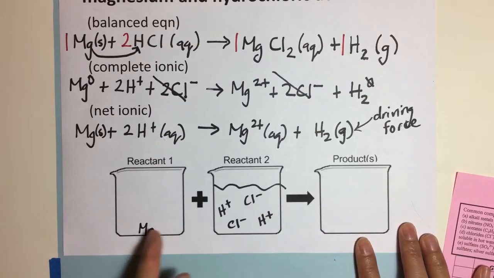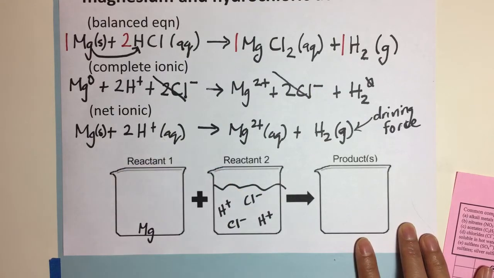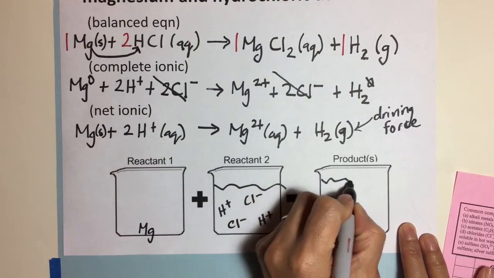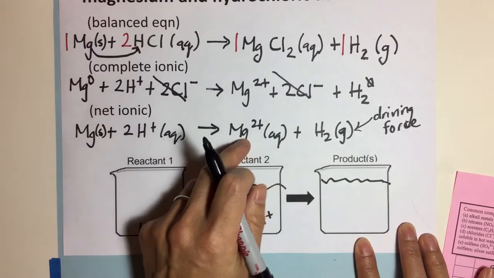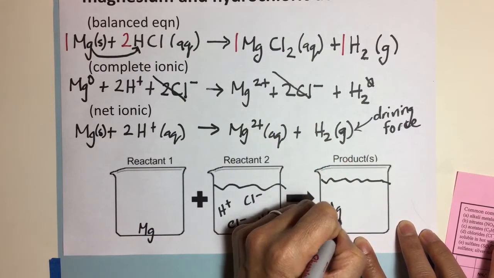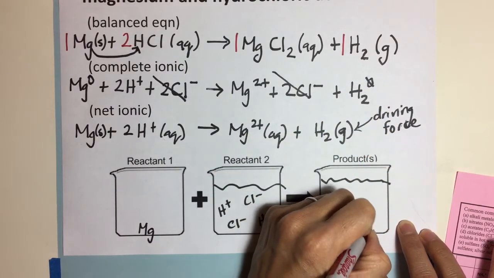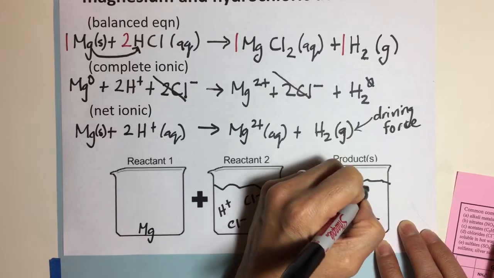Now we go to the product. The product, we're still in solution. You're basically dropping this piece of magnesium into the solution of hydrochloric acid. And because we're still in solution, we have the presented ions right here. There's magnesium 2+. Reminder, I'm looking at the complete ionic, so I know what to put into my solution.